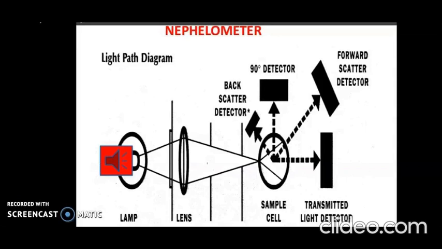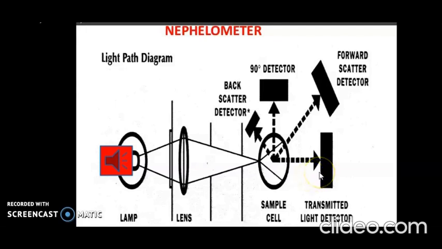The nephelometer instrument essentially consists of a light source, a sample tube to hold turbid suspension, and a photocell. Light source is a tungsten lamp, the light rays from which are focused onto the sample tube, holding the suspension to be analyzed.